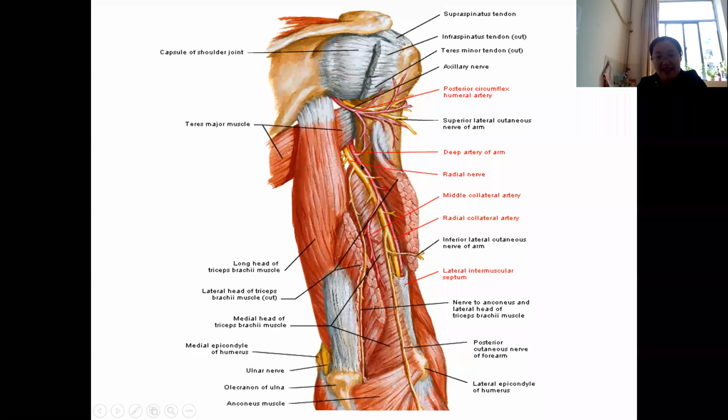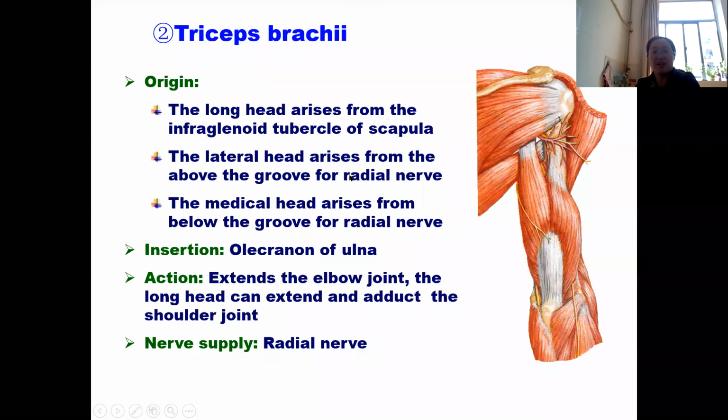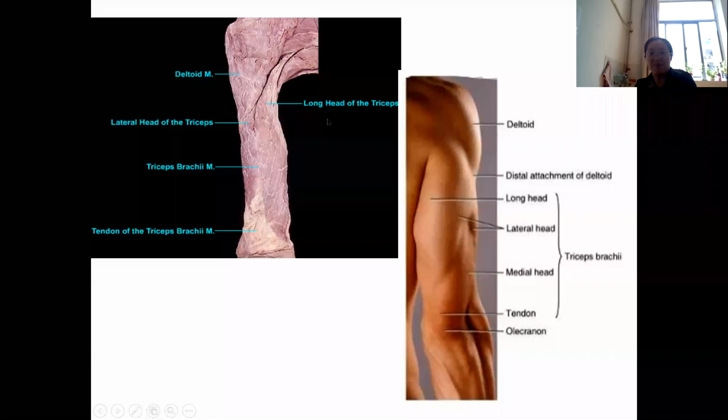Within this tunnel, the radial nerve and deep brachial artery and veins pass through. So here there is one term, humeromuscular tunnel. Here, I show you the origin and insertion of triceps brachii.